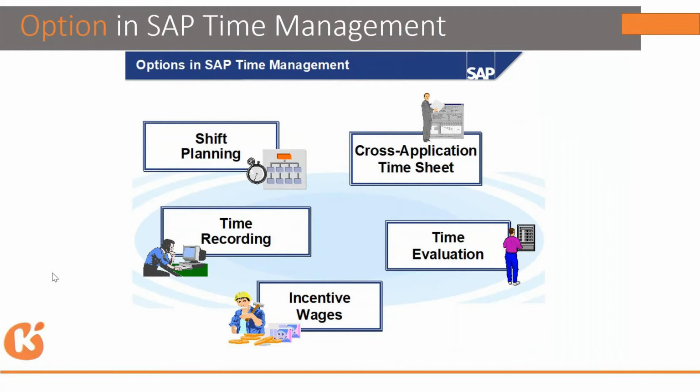The next is CATS, the cross application timesheet, which you update yourself if you are working from home, or not going to the office, or attending another client location. In those situations, you have to update your timesheets so that the data is recorded in SAP infotype table 2002. In the same way, for time recording, when we go to the office we swipe in and swipe out, which will be recorded in infotype 2011.